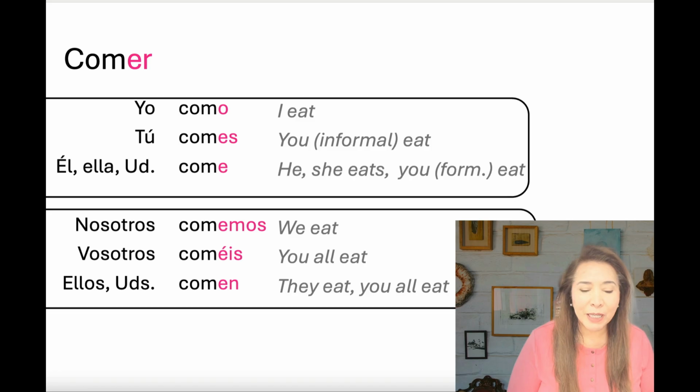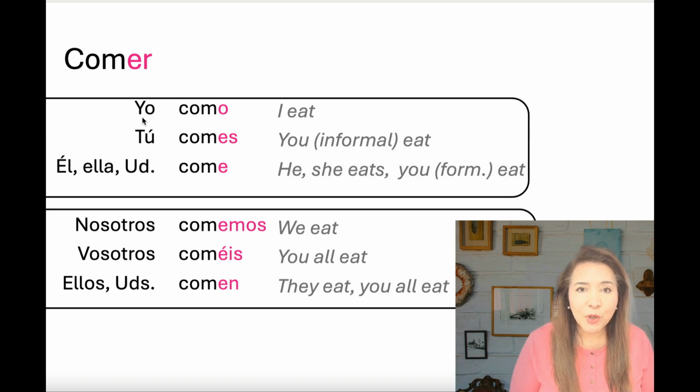Here's another example ending in er. As you can see, we just take out the ending, er, and then add the appropriate ending. For yo, o. For tú, es. For él, ella, usted, and so on. Resulting in como, comes, come, comemos, coméis, comen.